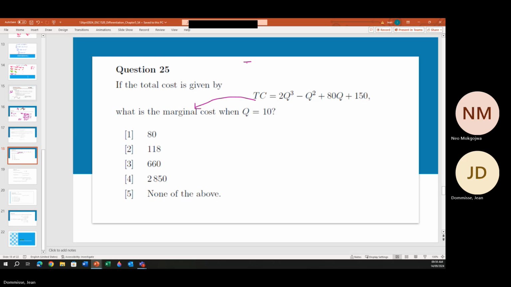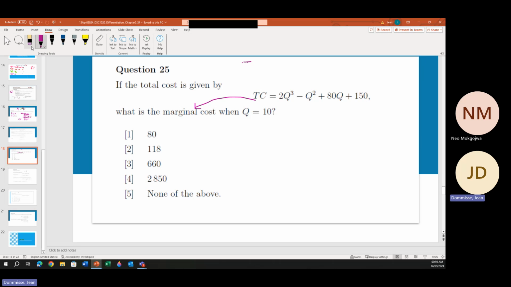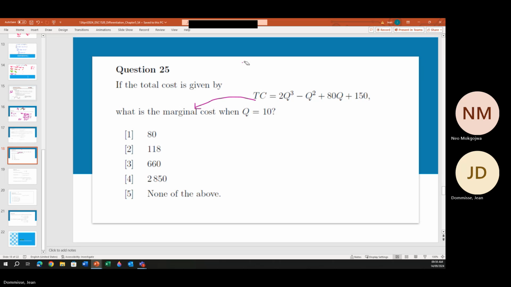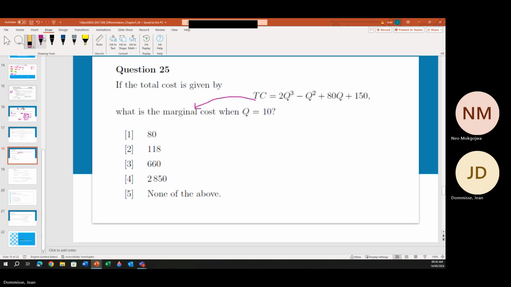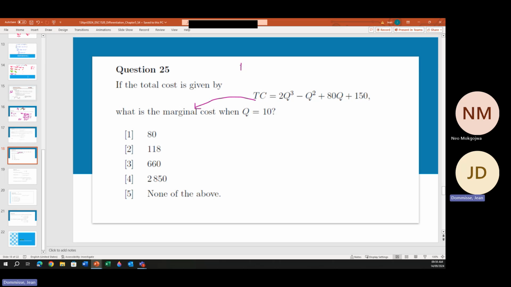So to get marginal cost, we will need to differentiate total cost.